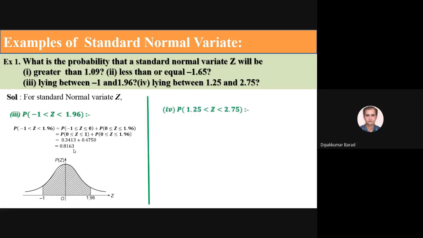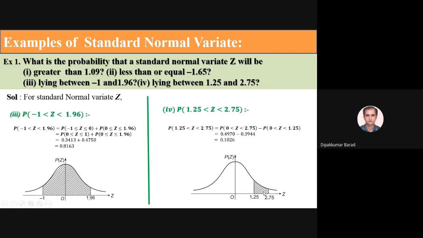And the fourth one, z in between 1.25 and 2.75. Here both z1 and z2 are positive, and we want to find this area. So I find the area between 0 and 2.75 and then subtract the area between 0 and 1.25.